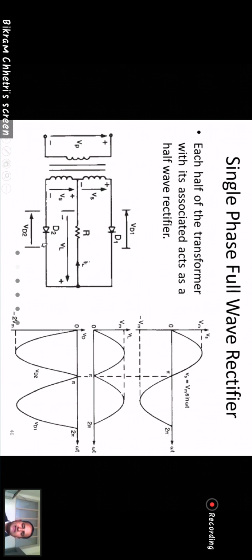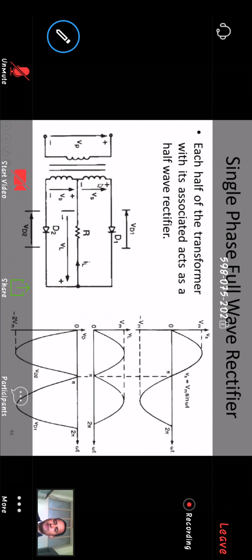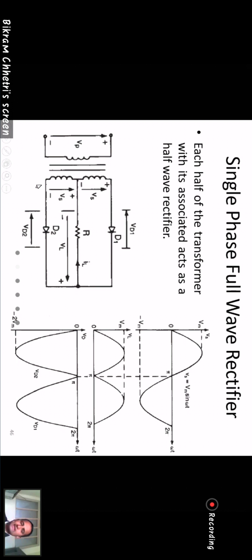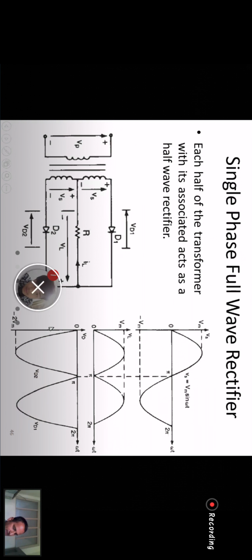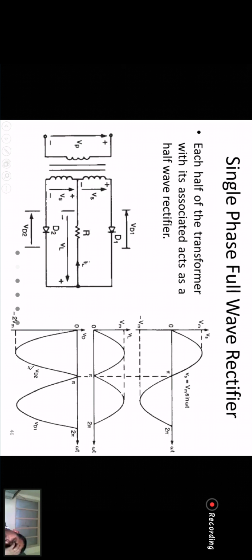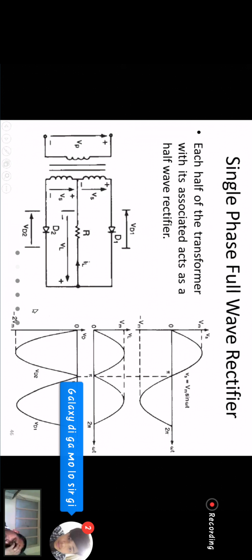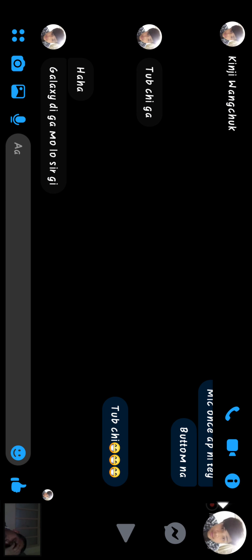D1 conducts when A is positive with respect to B, and D2 conducts in the second half cycle when B is positive with respect to A. So in both half cycles a diode conducts. Each diode also experiences a peak inverse voltage: D1 experiences a reverse voltage of 2Vs, twice the source voltage, as seen in the third waveform.